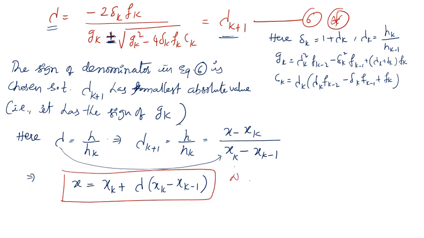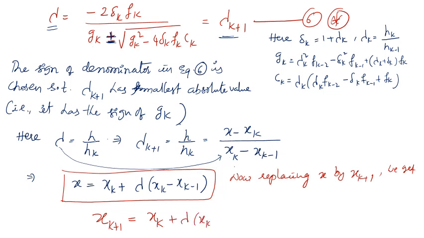Now, to get the next approximate root, replacing x by xk plus 1, we get the Muller's formula for the approximate root: xk plus 1 equals xk plus lambda into xk minus xk minus 1.